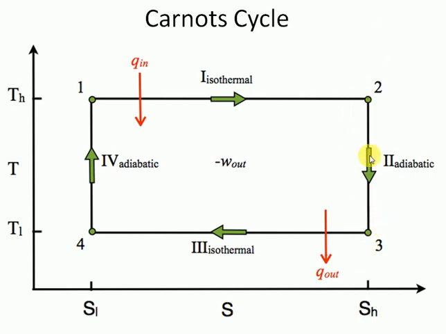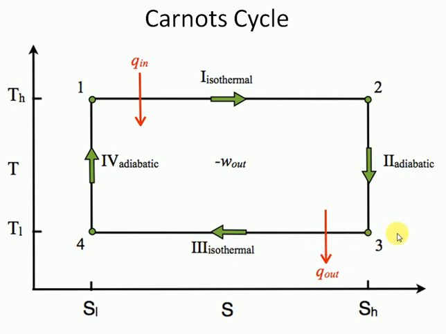In this, entropy remains constant and temperature reduces. That means in this process work is developed, work is going out. So this particular process is called a reversible adiabatic process. Heat transfer is 0 and entropy is constant.